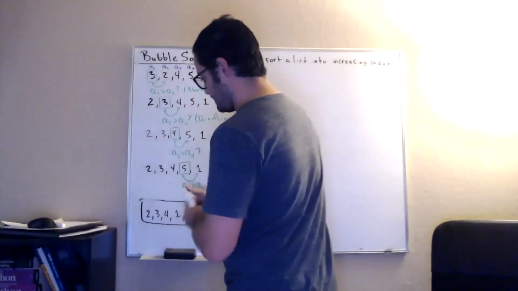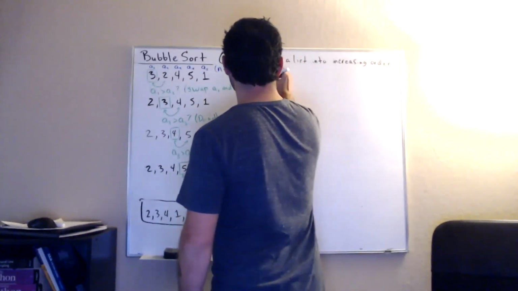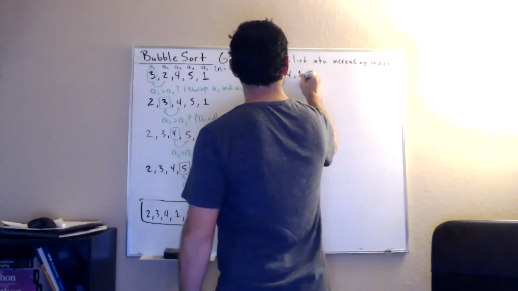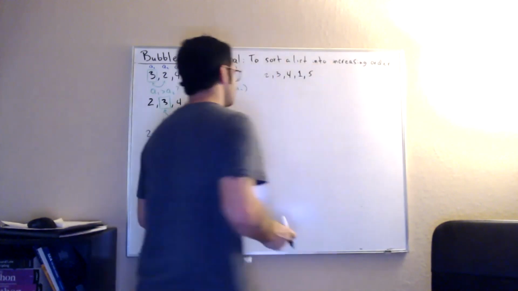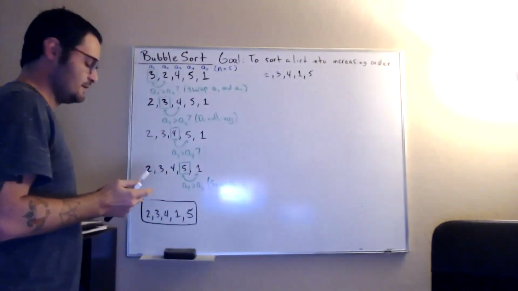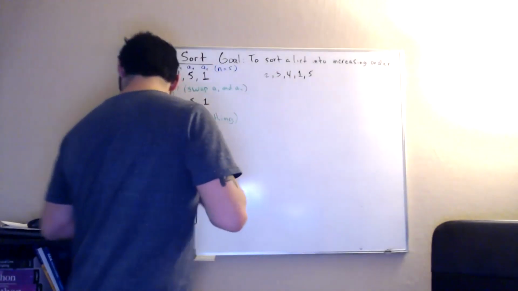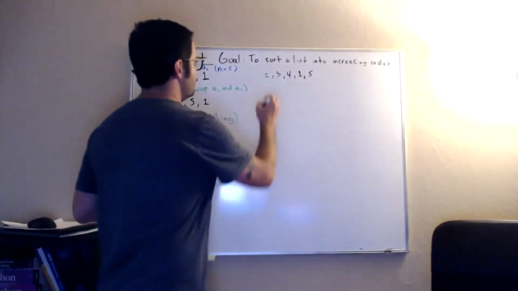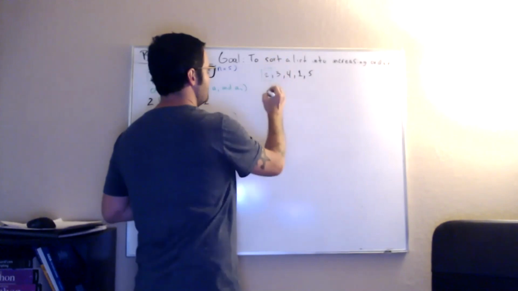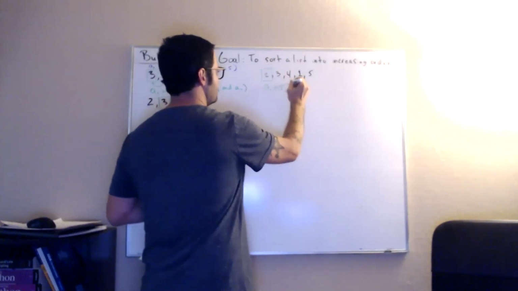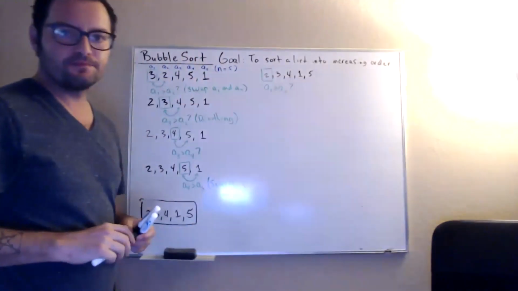So starting with this list, 2, 3, 4, 1, 5. Okay? So now we start here again, and we compare A1 to A2. Is it greater?